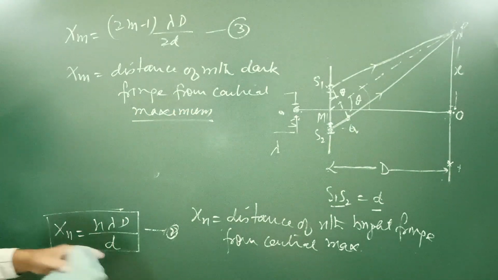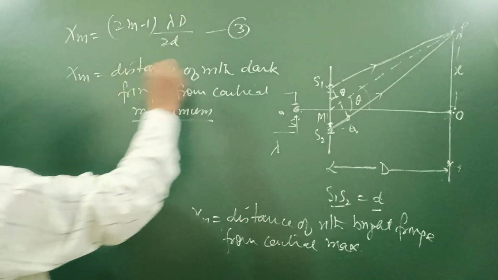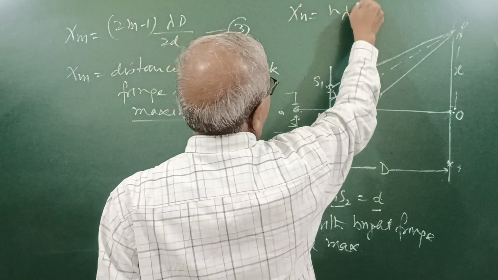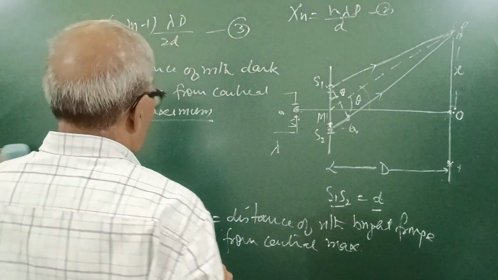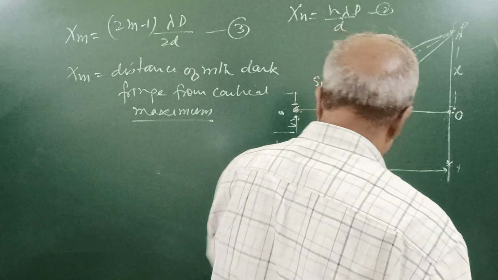Okay, और Xn distance of nth bright fringe. तो मैं इसको यहाँ लिखता हूँ. Xn is equal to n lambda capital D upon small d. These are also very important relations. Lot of problems come on these two formulas.